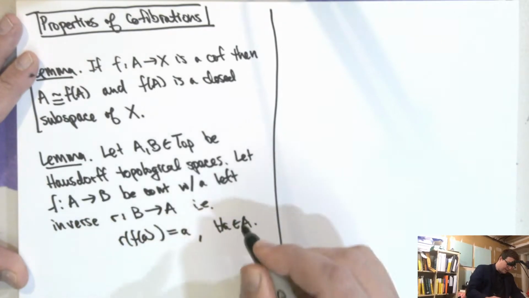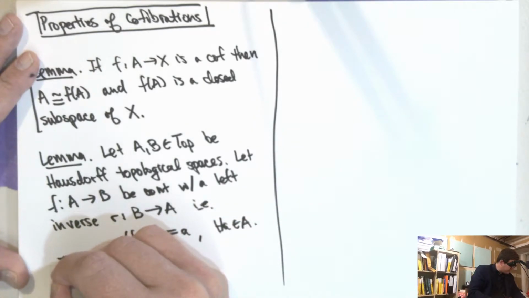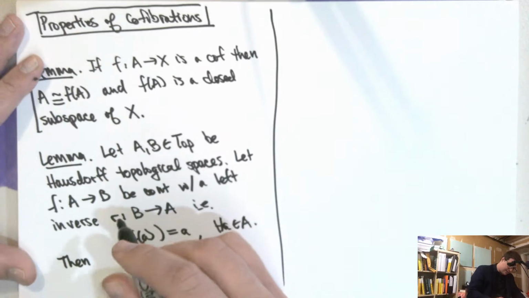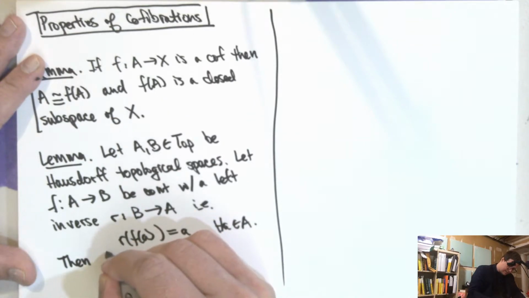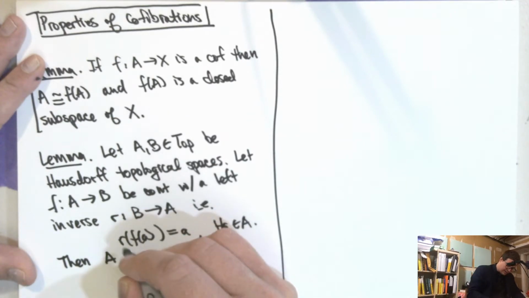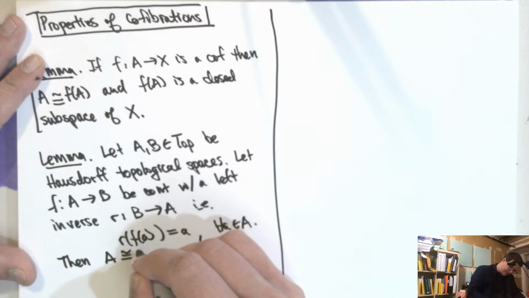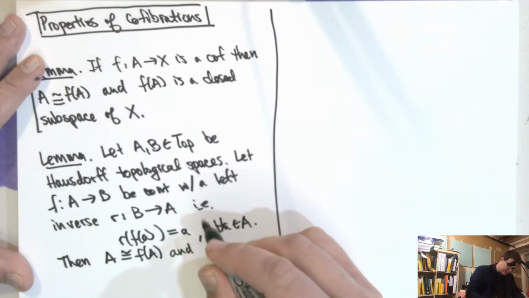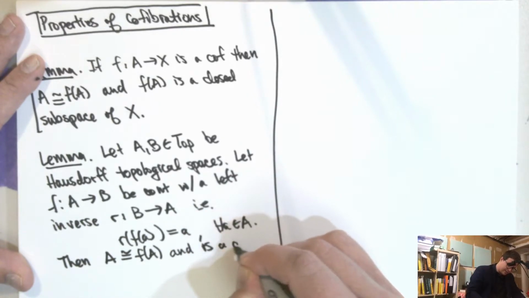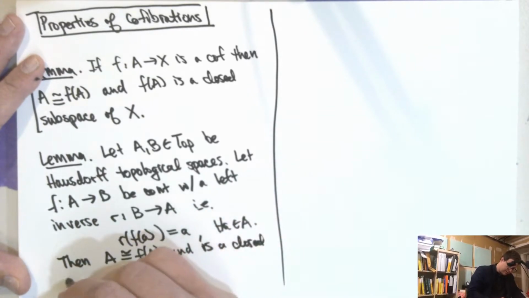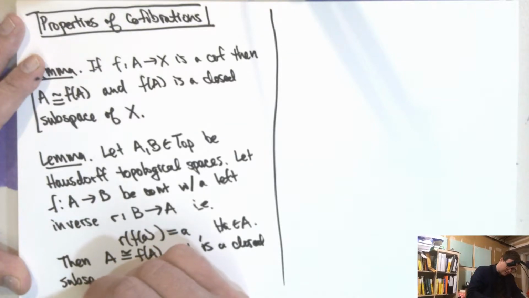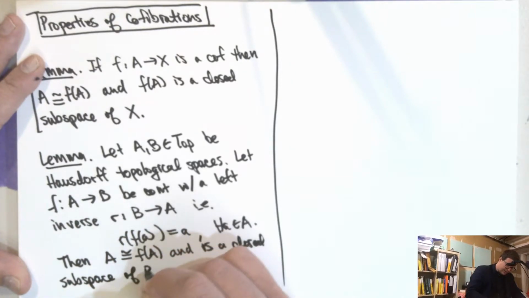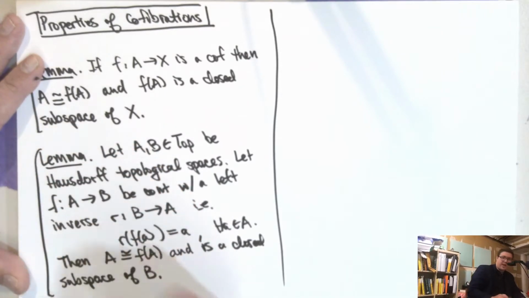Then A is isomorphic to f of A and is a closed subspace of B. This is after identification of A with its image.